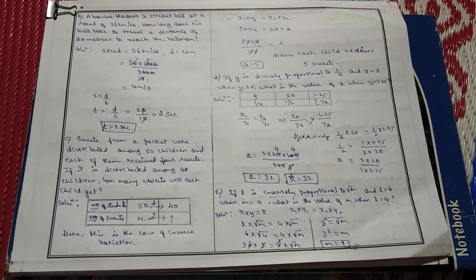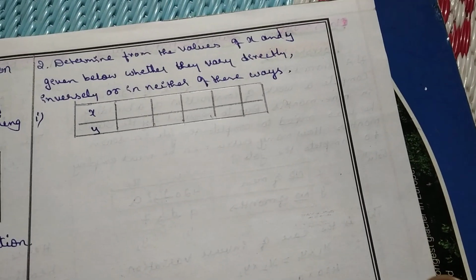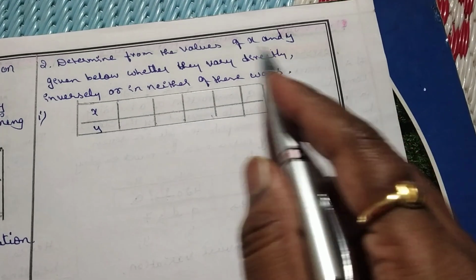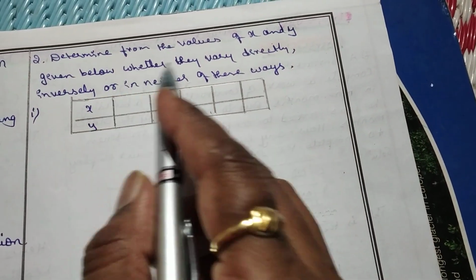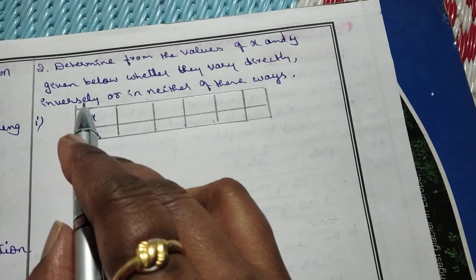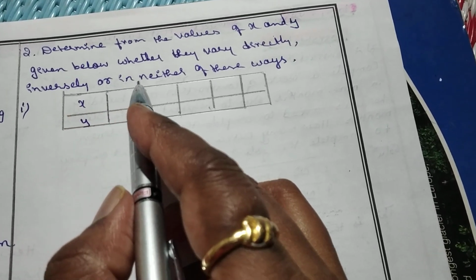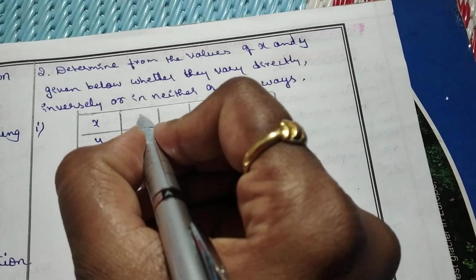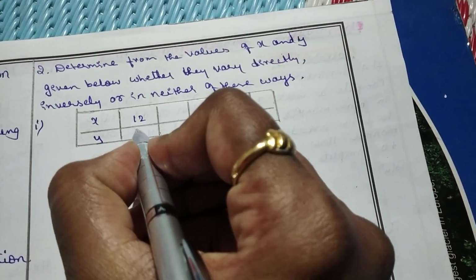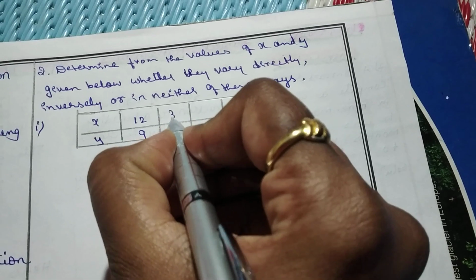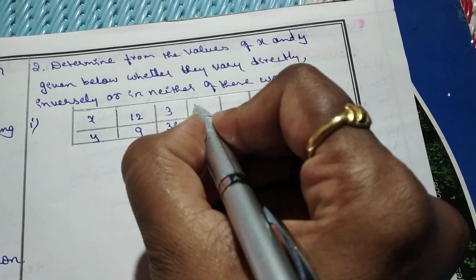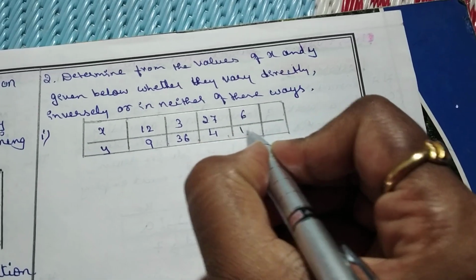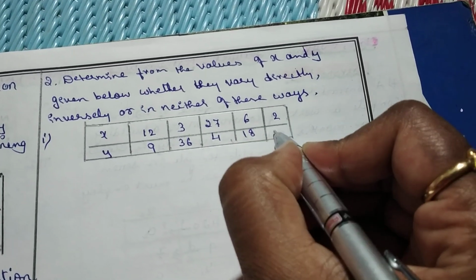Let me move to the second question now. Determine from the values of x and y given below whether they vary directly, inversely, or in neither of these ways. The x and y given are 12, 9, 3, 36, 27, 4, 6, 18, 2, 54.